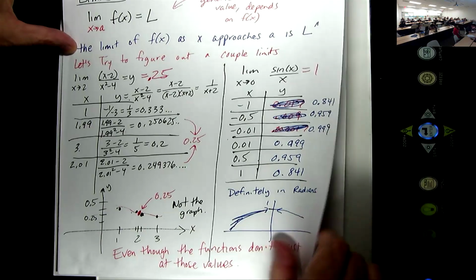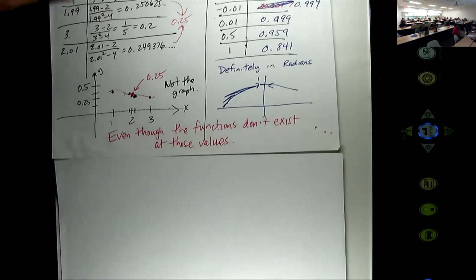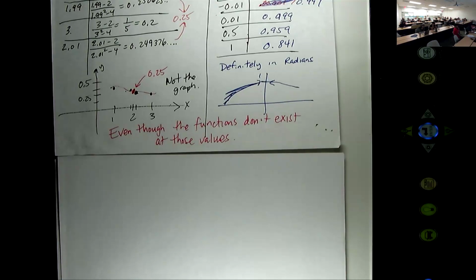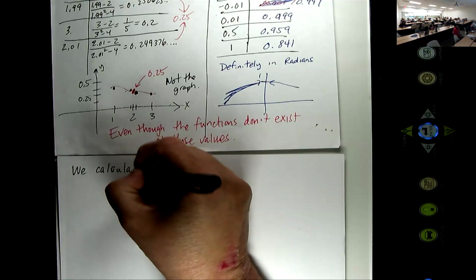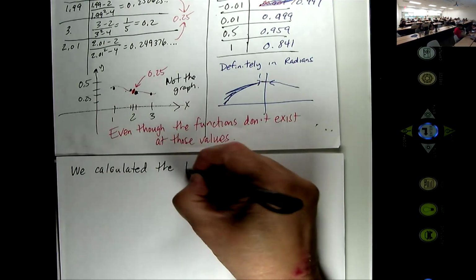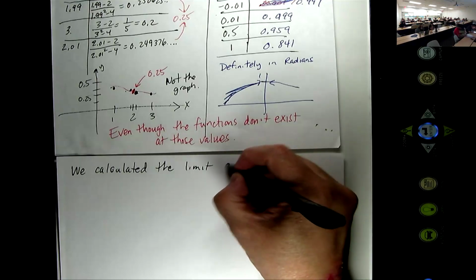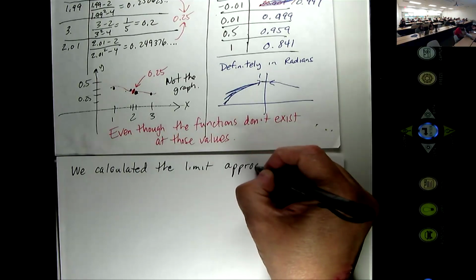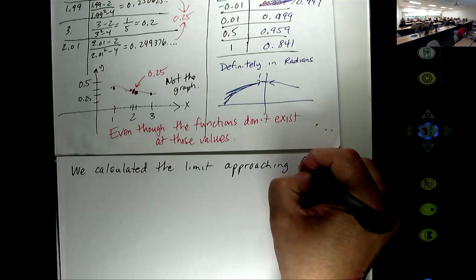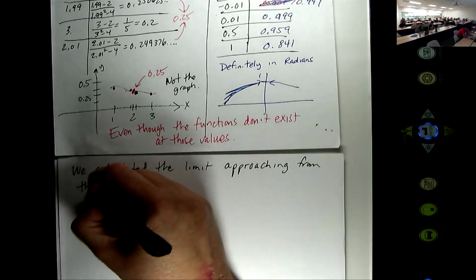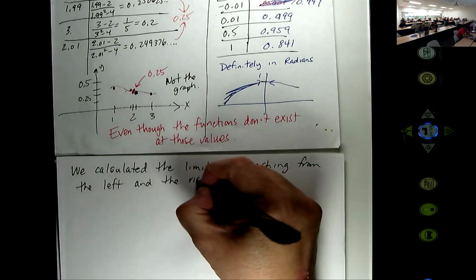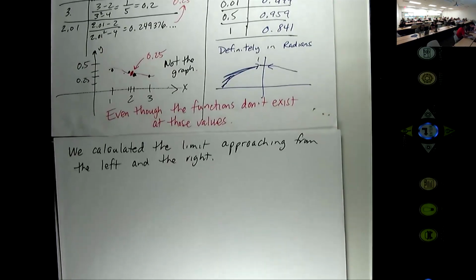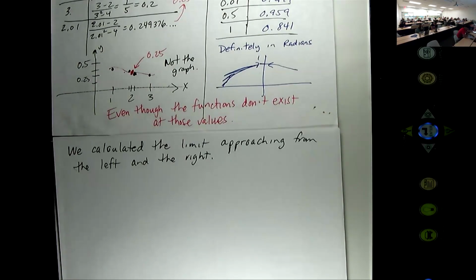So as I was showing you guys, we did the limit. We were calculating limits from the left and the right. Approaching from the left, we call it that when we do only one of them.